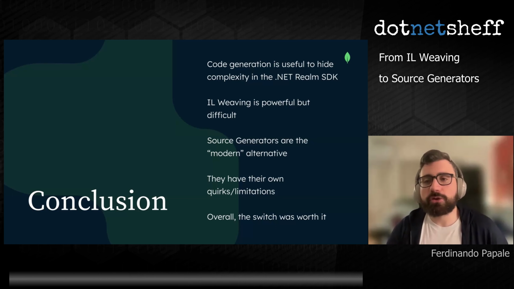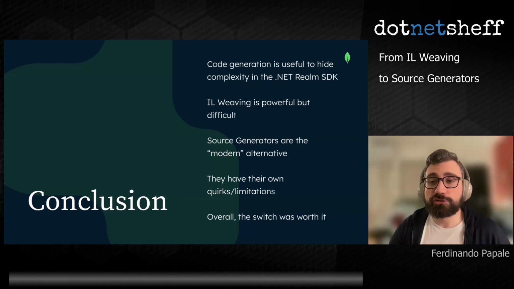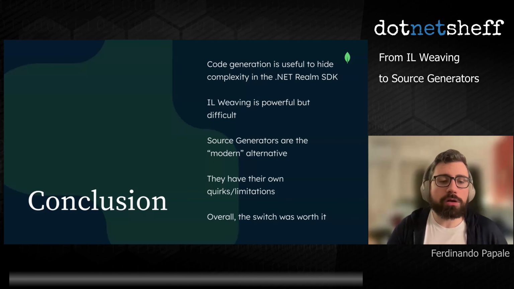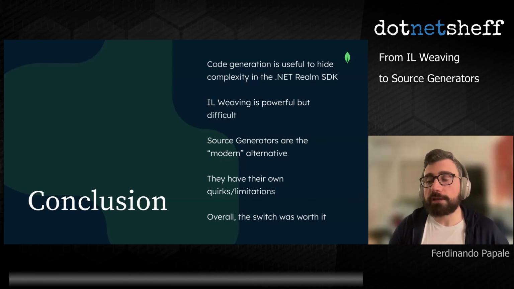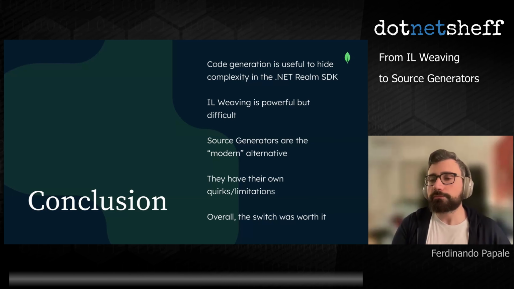Both these approaches have their own quirks and limitations, but overall we are pretty satisfied with the switch to source generators because they allowed us to work on some features that we wanted to do for some time, and also will allow us in the future to work in a much easier way on this part of the source code, the part related to the model definition.